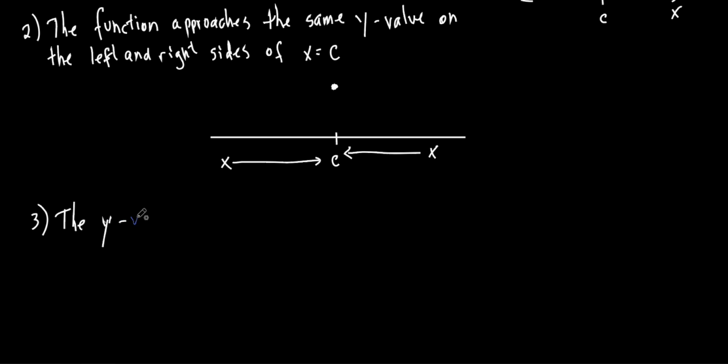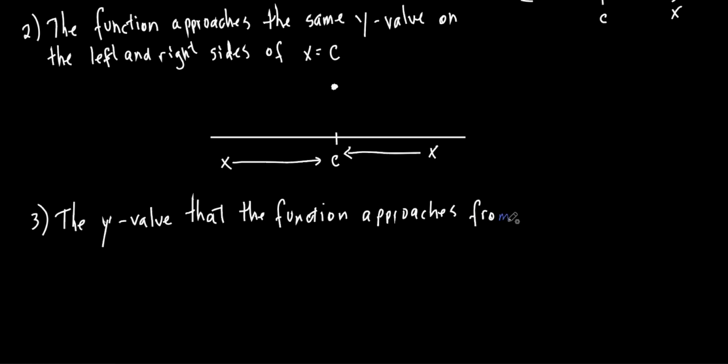It says the y value that the function approaches from each side, kind of what we just showed right there, is f of c. All right, just write that down. Don't worry about what that means right now. All right, just write it down.